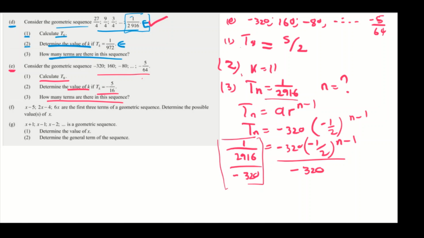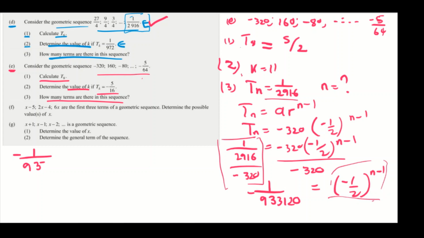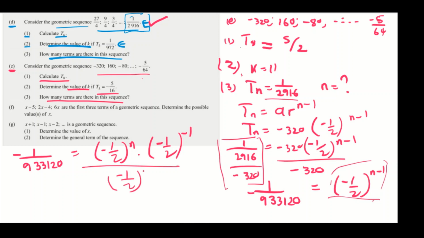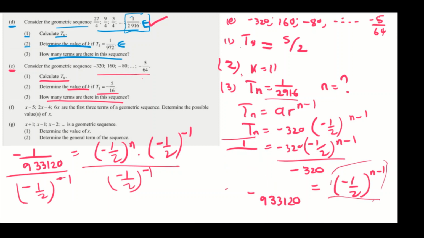Okay, so you should get an answer of minus 1 over 933,120 equals minus 1 over 2 to the power of n minus 1, right? And then to simplify this here, we're going to say minus 1 over 933,120 is equal to minus 1 over 2 to the power of n multiplied by minus 1 over 2 to the power of minus 1. Divide by minus 1 over 2 both sides, and then we will have something like this.